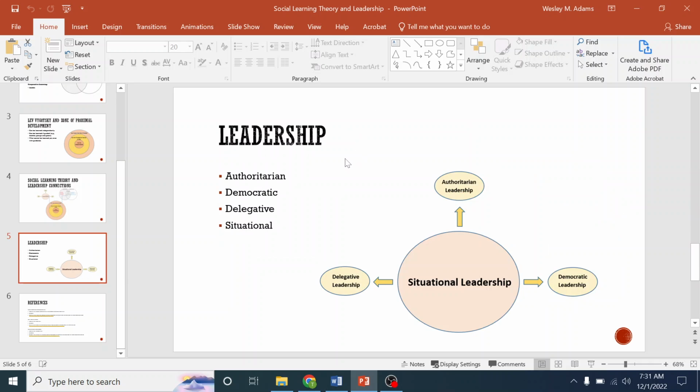So with authoritarian, you can be delegative. What I mean by that is you could say, you go do this, you go do that, you do this part of this activity, you do this part of the activity, where you're just delegating out responsibilities, but you're being authoritarian about it. You're not giving somebody a choice.